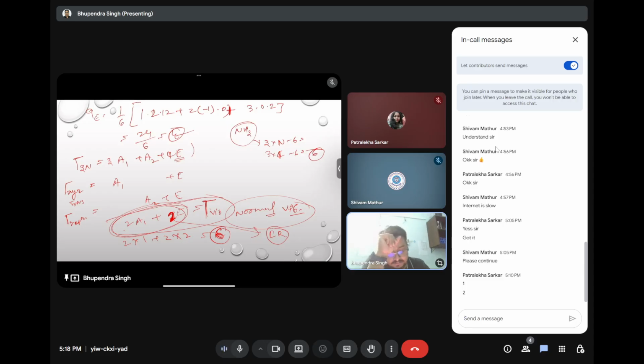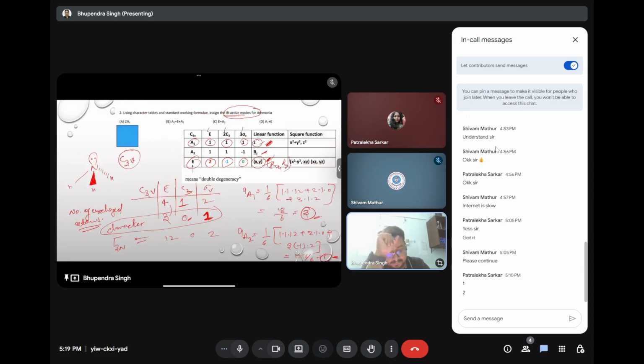Whenever the symbol is assigned for this, if the linear function is there, like x, y and z, then this corresponds to your IR active modes, and if they are quadratic, then they are Raman active. So they are IR active. And also if you see A1 and E, quadratic is also present.